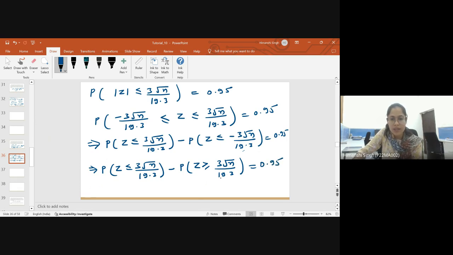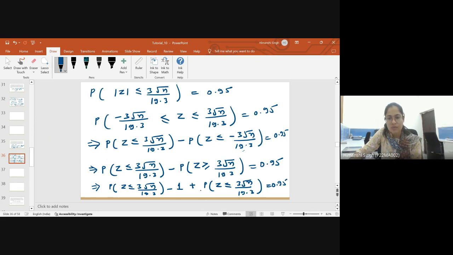So this can be written as 1 minus probability z less than or equal to 3 root n by 19.3. So it will be probability z less than or equal to 3 root n upon 19.3 minus 1 plus probability z less than or equal to 3 root n by 19.3 equals 0.95. So this 1 will go there.